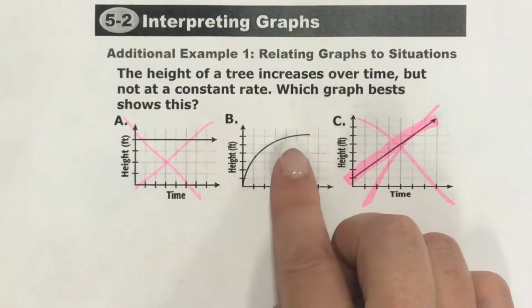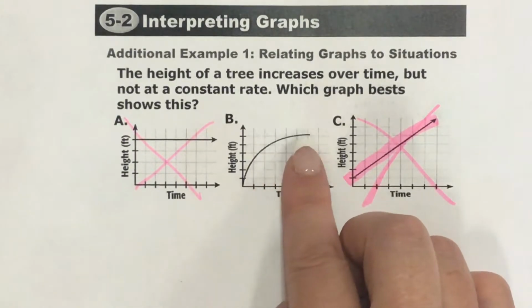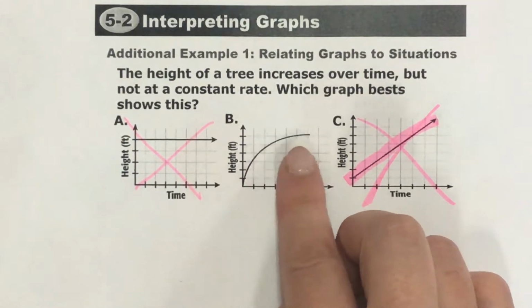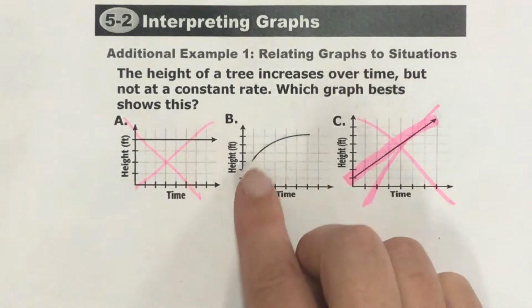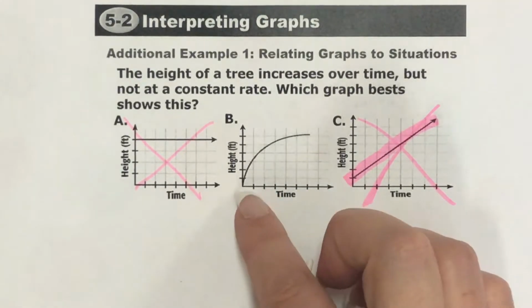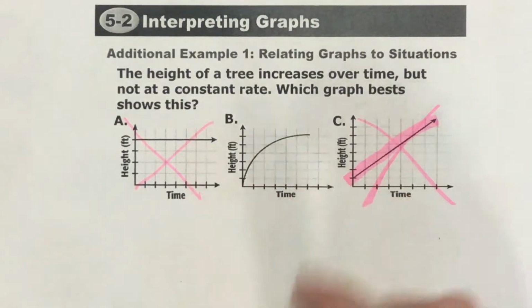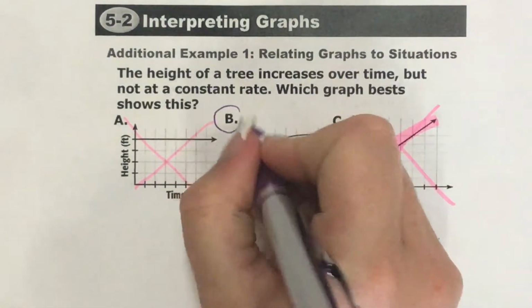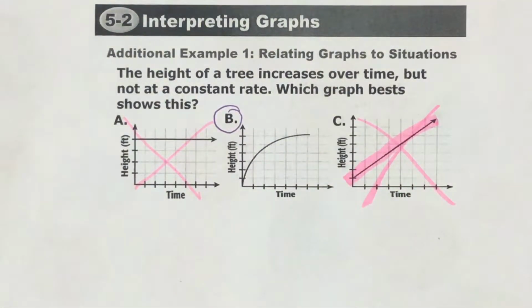So as time goes on, the height of the tree still gets bigger, but just not as much as it originally did when it first started. So this would be increasing, but not at a constant rate. So our answer, in fact, would be B. B would be the answer to that particular question.